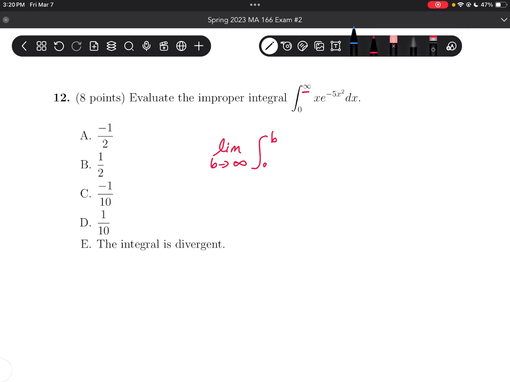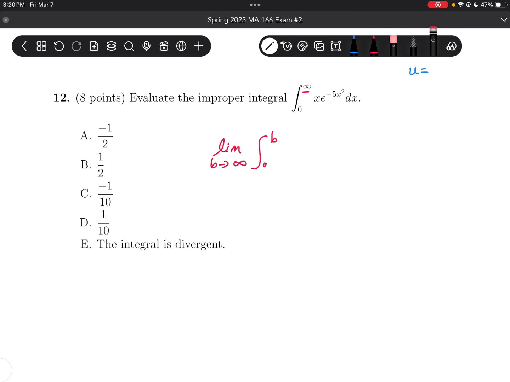And in this case, the method we're going to want to use is u sub. So u sub is when we set u, which is some arbitrary variable, equal to a function of x. And u sub is a good choice when we see that within the function that we are trying to find the antiderivative of, there's some function, and then what looks similar to the derivative of that function.